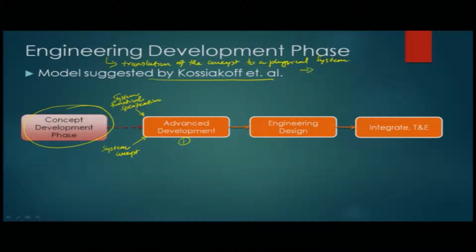And here the lead is by engineering experts, but systems engineering guides the development. So, individual components will be designed by the experts, but the whole process of this engineering development phase will be guided by systems engineering.